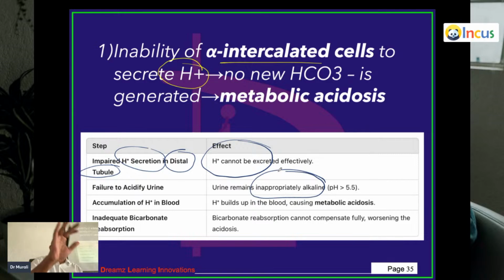Every time you look at urinary pH, what will be the pH value of the urine? More than 5.5. Okay? And all that accumulated H plus in the blood, which is unable to get secreted into urine, will lead to metabolic acidosis. Normally in that scenario, what will the proximal convoluted tubule do?